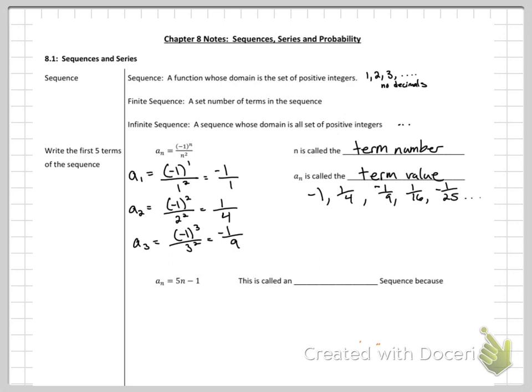So if you look at the second example, A sub n is equal to 5n minus 1. Let's work on finding the first 5 terms. So A1, plug in 1 for n. A2, plug in 2 for n.